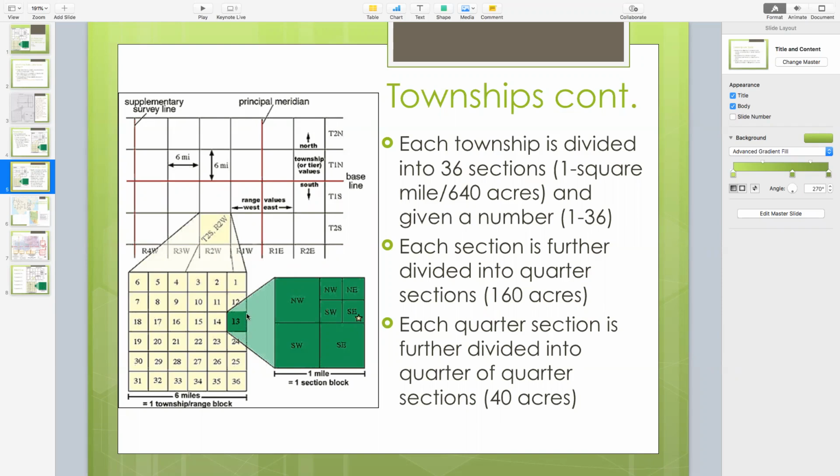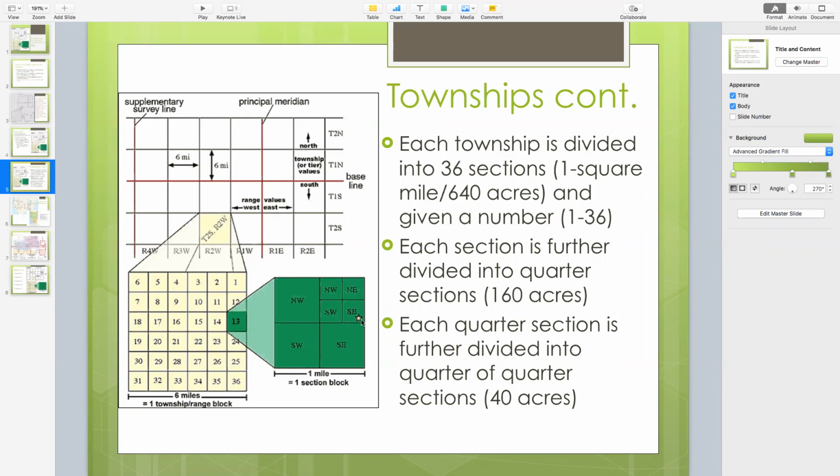Therefore, when we divide a section into quarters, we get 160 acre quarter sections. So this northwest quarter here of section 13 is 160 acres. Then if we divide that 160 acre quarter section into quarters, they each measure 40 acres.